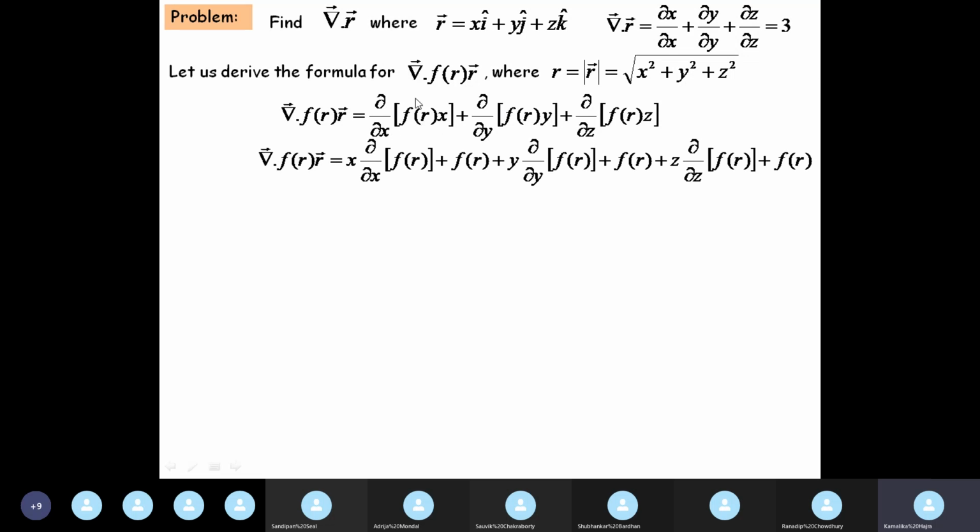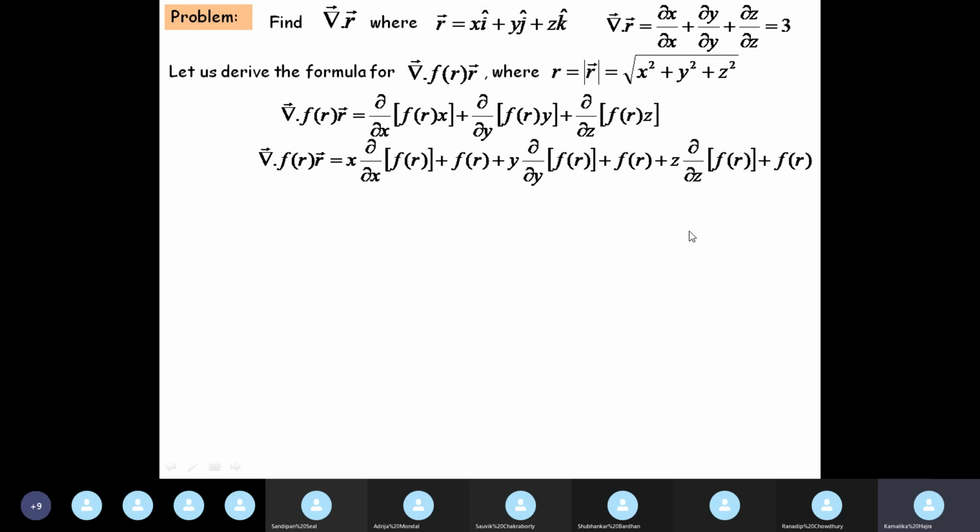For the first term, you get x del del x of f(r), and then f(r) del x del x, which is 1. So from the first term you get f(r) plus x del del x of f(r). Similarly, from the second term you get f(r) plus y del del y of f(r), and from the third term you get f(r) plus z del del z of f(r). Is this step clear to everybody?